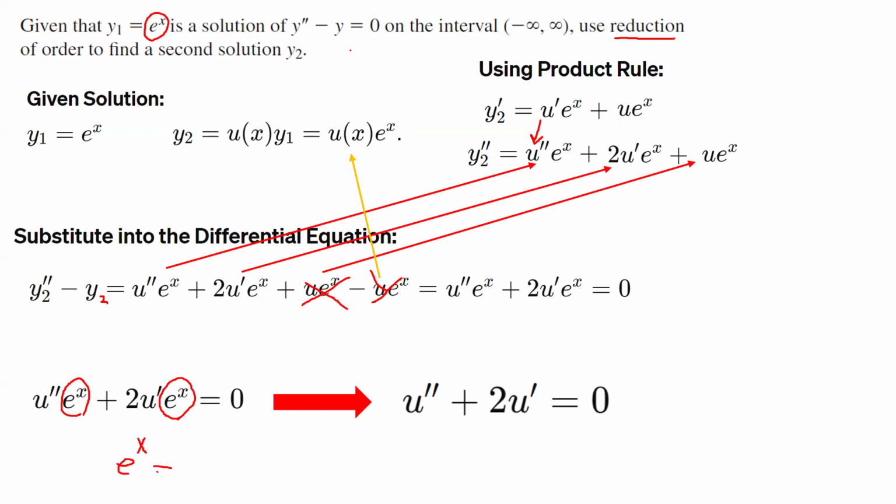Going back to algebra, remember the graph of e to the x. It never touches the x-axis. Setting e to the x equal to 0 has no solution, so we're not going to waste our time. Instead, we factor out e to the x and set u double prime plus 2u prime equal to 0.